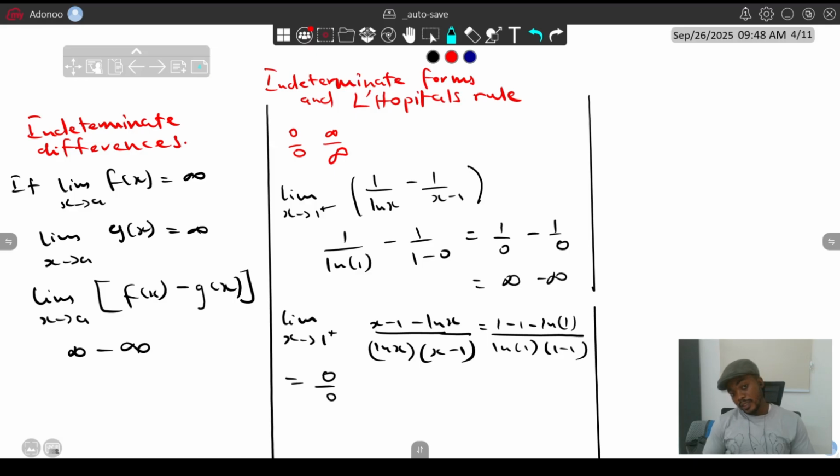So what does L'Hopital say? L'Hopital says that if we have such an indeterminate form, what we have to do is to differentiate the numerator and then the denominator, and then test what happens at the limit point.